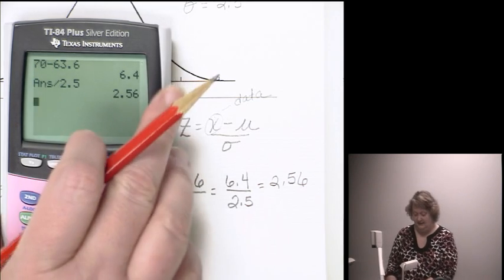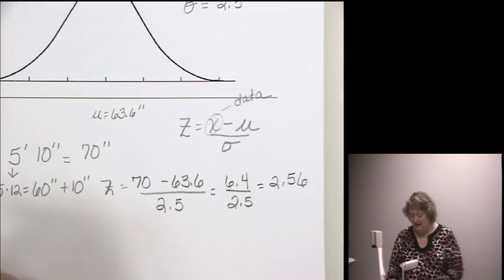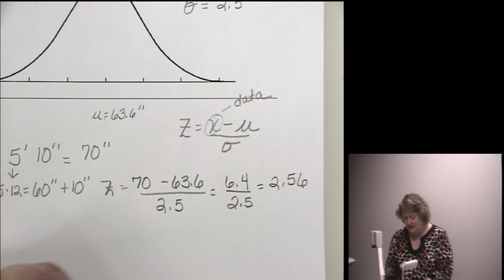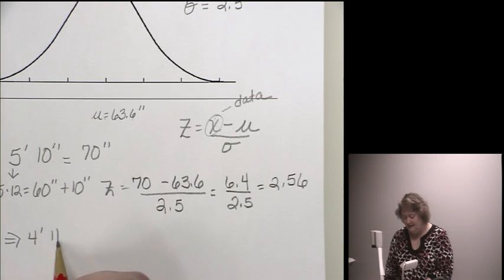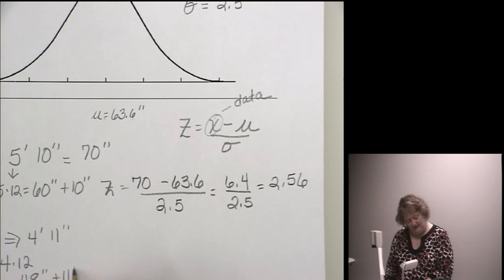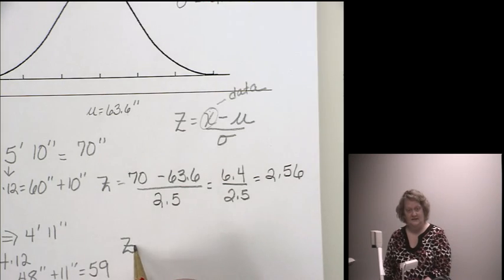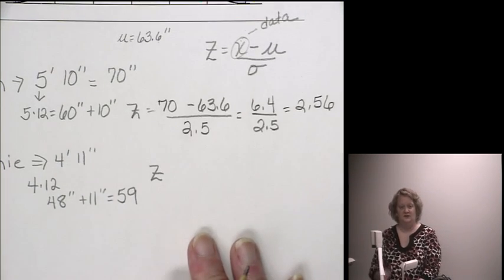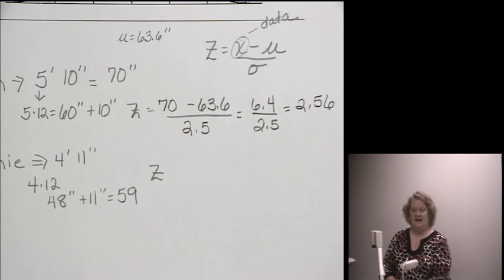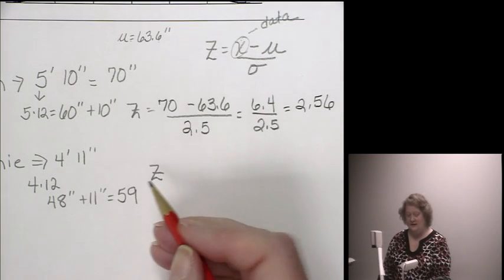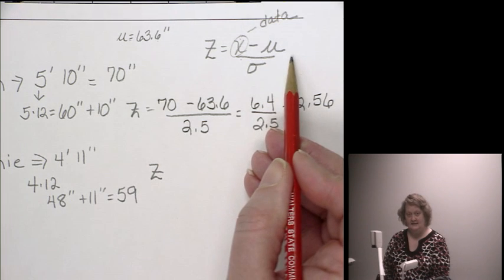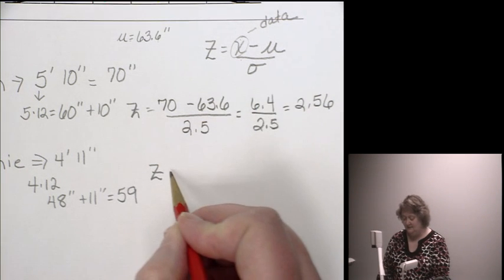Now, let's look at Connie's. My friend Connie, and again, notice I'm labeling my information, is 4 foot 11 inches tall. 4 times 12 is 48 inches, plus the 11 inches gives me 59. We use the same exact formula, x minus the mean over the standard deviation.